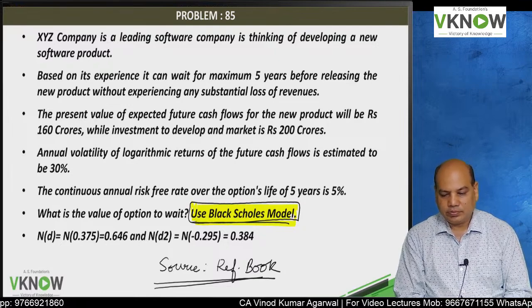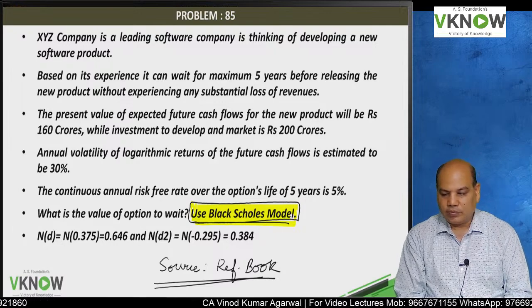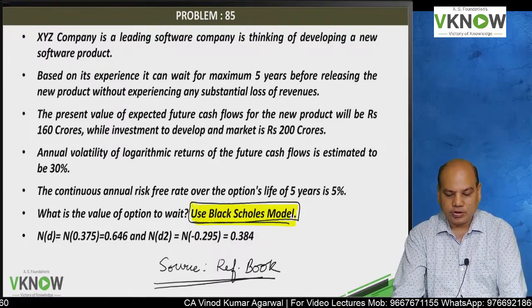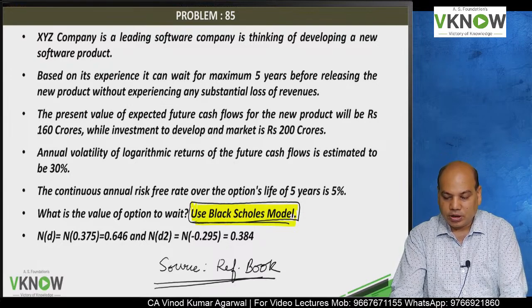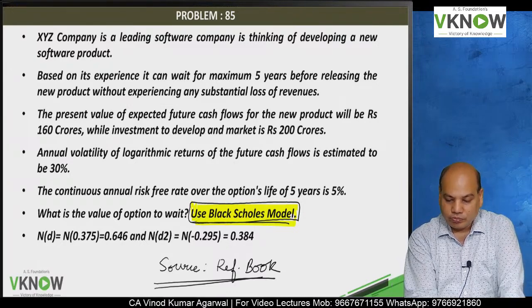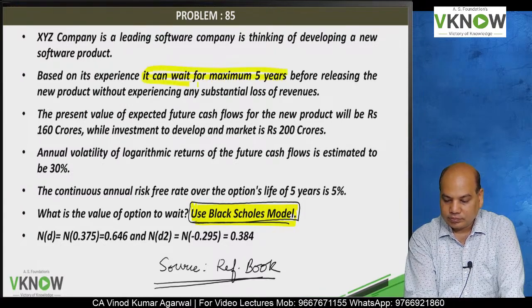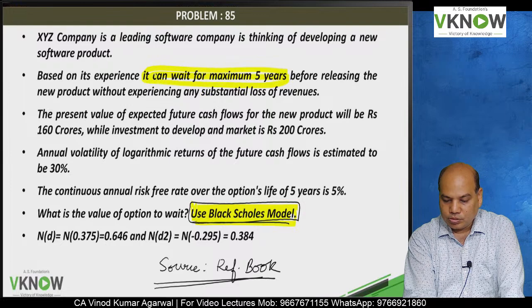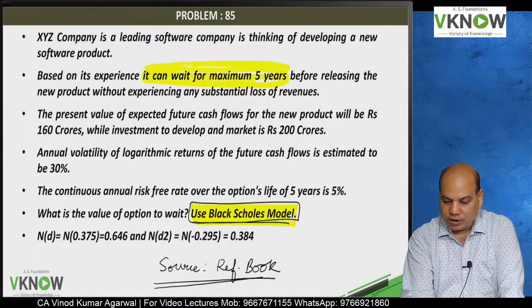XYZ company is a leading software company, thinking of developing a new software project. Based on its experience, it can wait for a maximum of 5 years. That means you can start today or you can wait for 5 years.